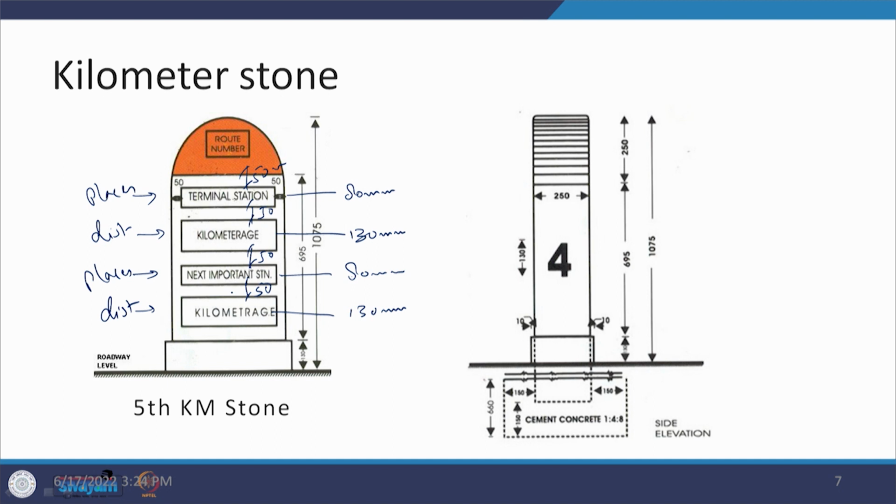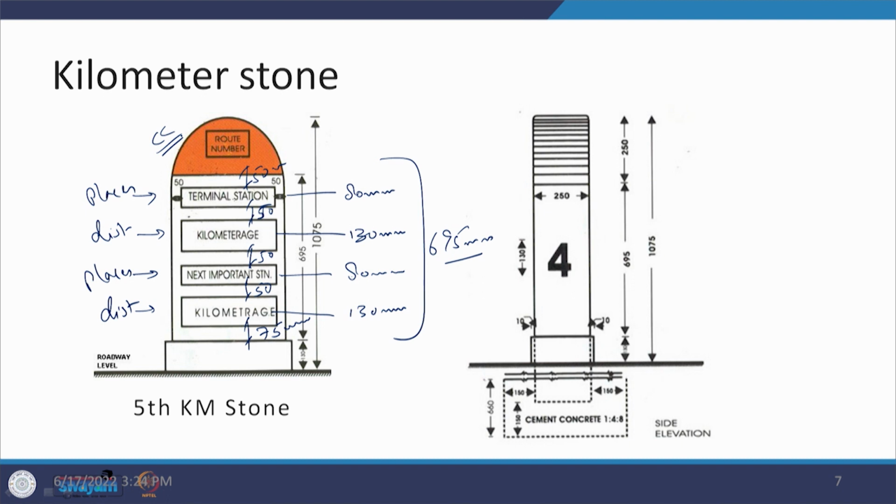So, in between all of these are 50, and at the bottom it is 75 mm. So, when we take all of these summations, then this will come out to be 695 mm.